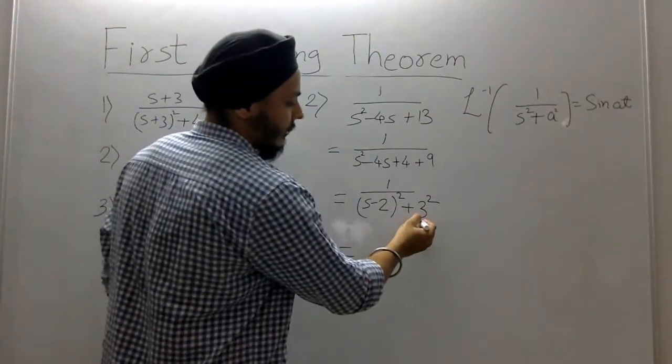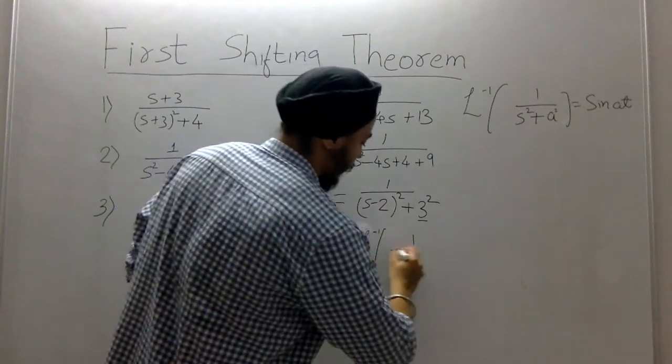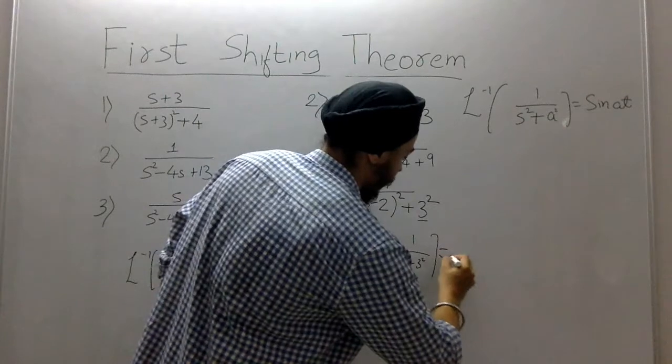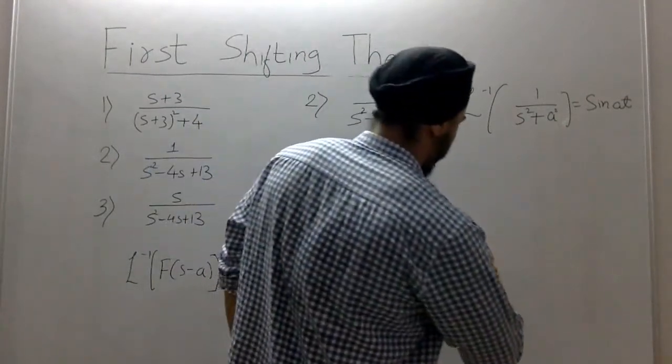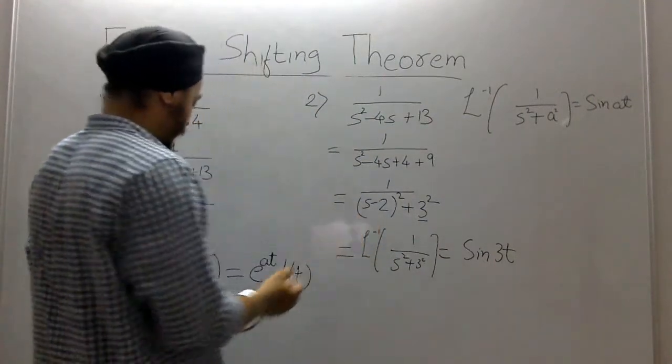Here our a is 3, hence the Laplace inverse of 1 over s square plus 3 square is sin 3t.